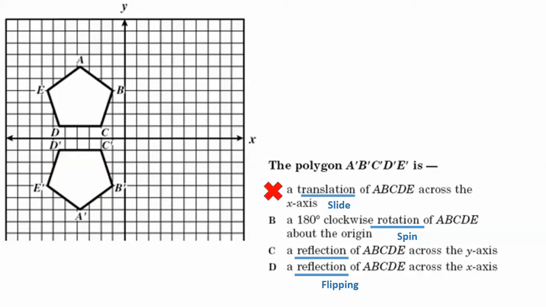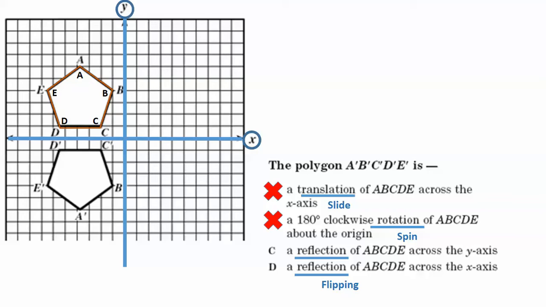Let's check a 180 degree clockwise rotation about the origin. So we'll still take our A, B, C, D, E, and now we're going to rotate it 90 degrees, and then we'll rotate it another 90 degrees to get our total 180 degree rotation. This does not match our image, so it cannot be our solution. Let's check C and D. So either it's going to be a reflection across the y-axis, or it'll be a reflection across the x-axis.